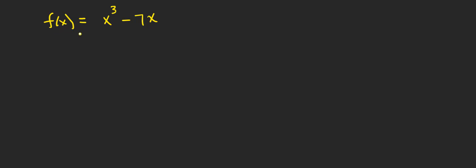So let's see whether f of x equals x cubed minus 7x is even, odd, or neither. In order to find out, we need to put negative x for x and see what happens. So let's substitute negative x for x.